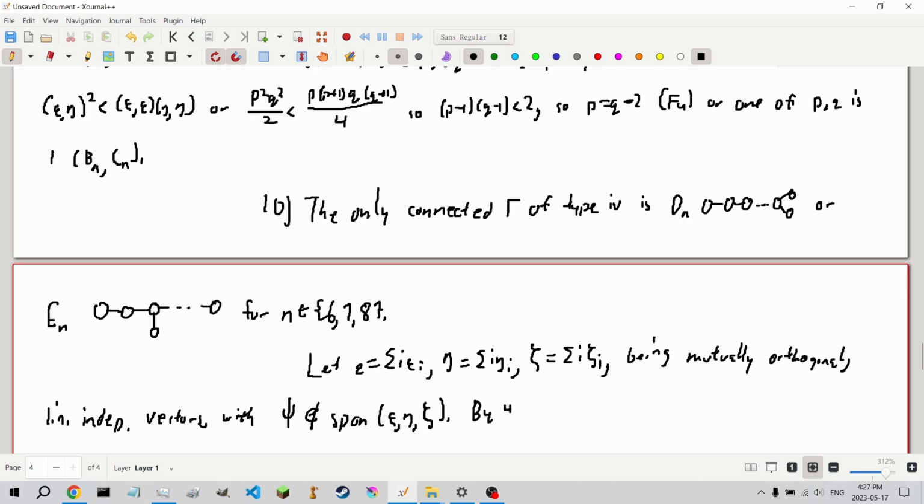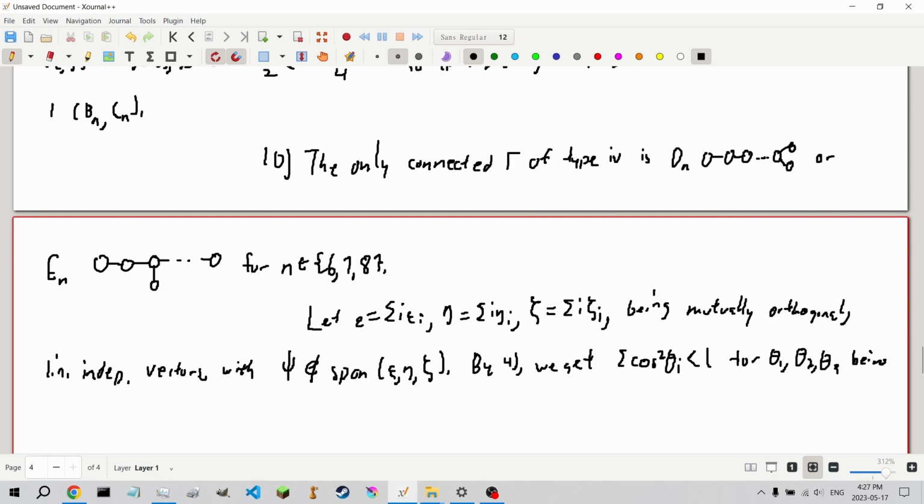By case 4, we get the sum of cosine squared theta_i is less than 1, for theta 1, theta 2, theta 3 being, in no particular order, the angles with psi and each of these 3.